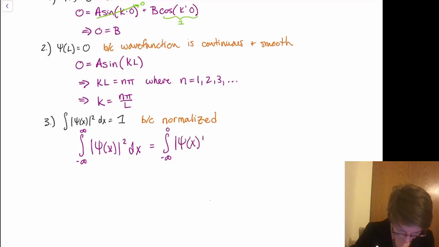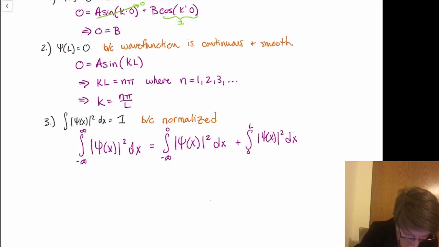What's happening between negative infinity and 0? What's happening between 0 and L? And what's happening between L and infinity?